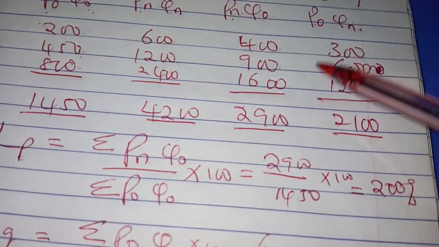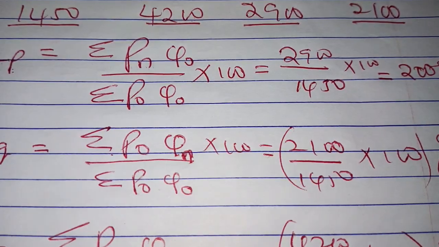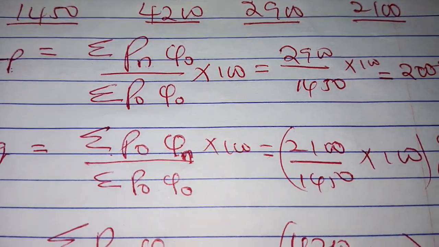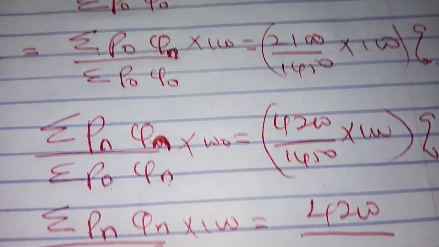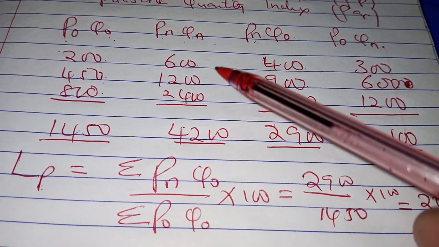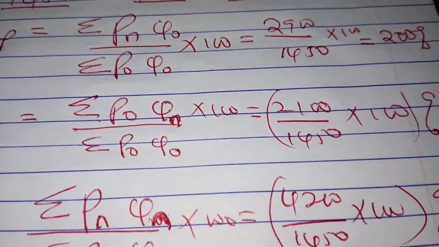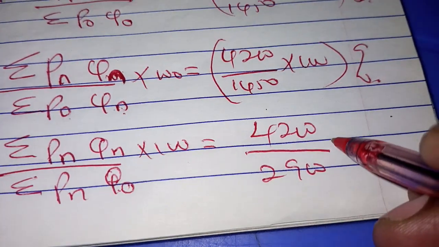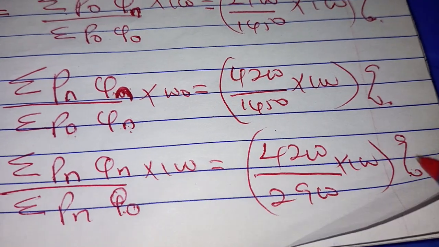So PNQN is 4200, then you divide by the summation of PNQO, which is 2900, and then you multiply by 100. The percentage you get becomes the PQ.